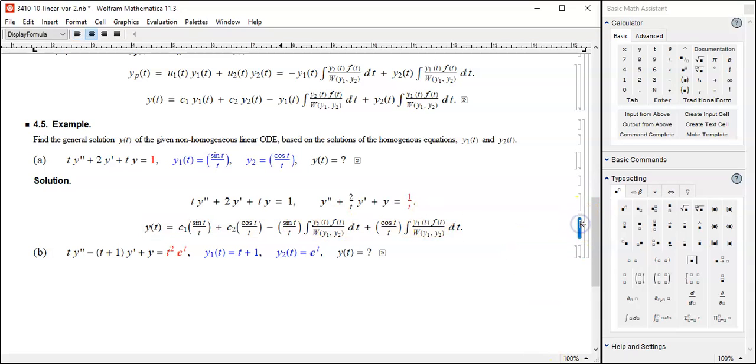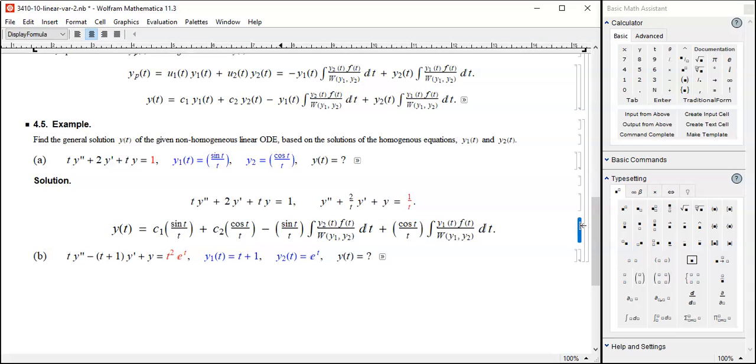I'm going to need a little bit bigger font here. Okay, all right. And then how about y2 here? That's cosine of t over t.